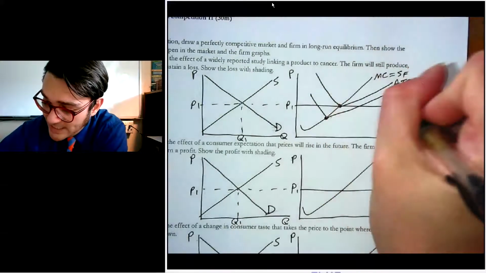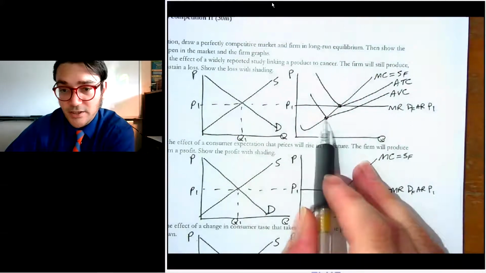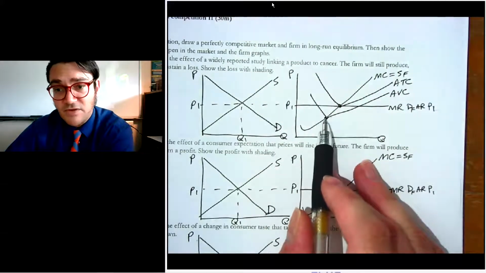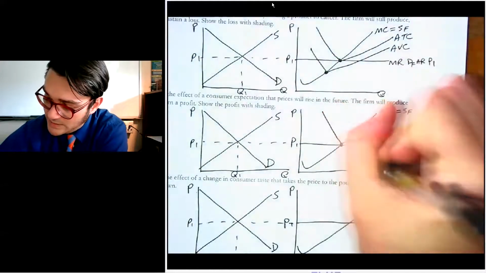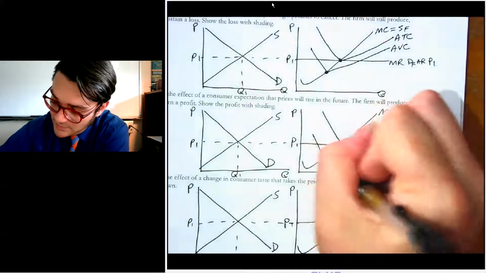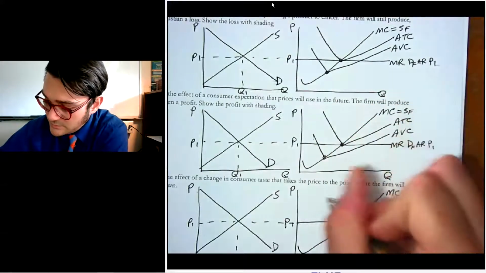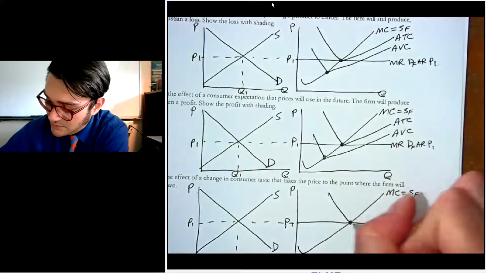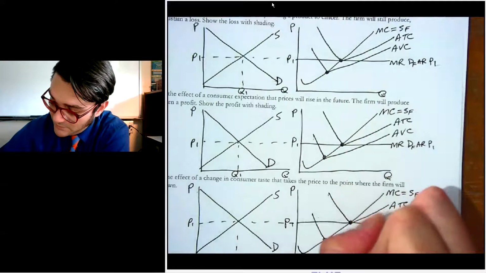You do need to have the minimum points of ATC and AVC be at the marginal cost, though. Nice and steep lines. ATC, AVC, ATC, and the AVC.